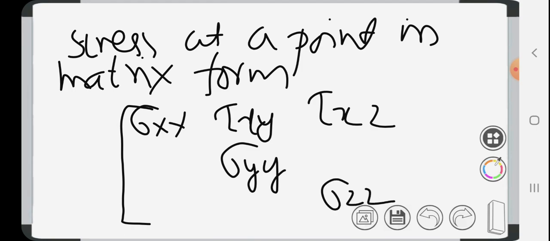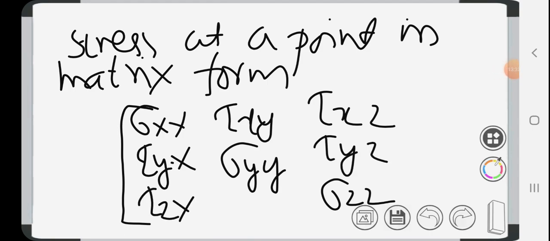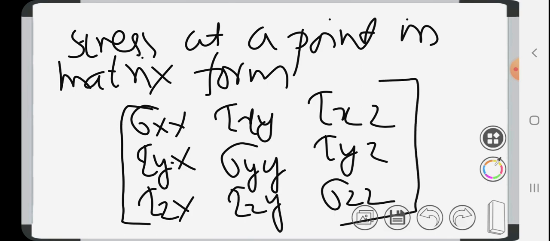Here tau yx, here tau yz, here tau zx, tau zy. So this is how we write the stress at a point in matrix form. This is the stress matrix.